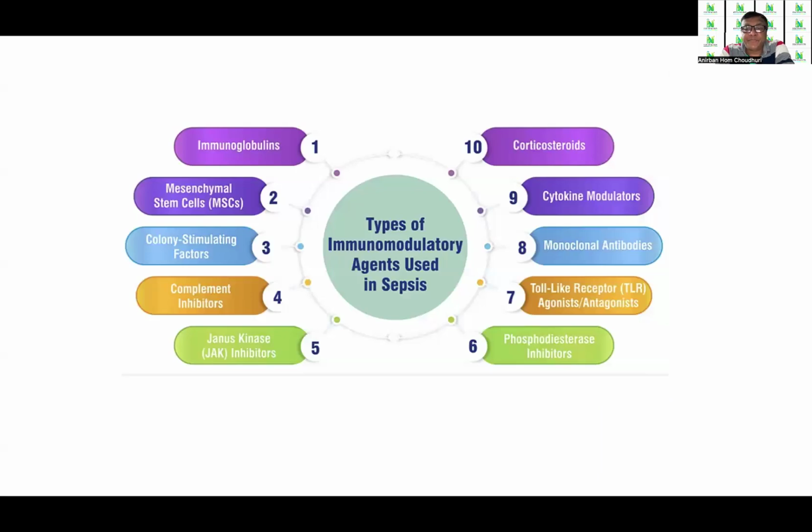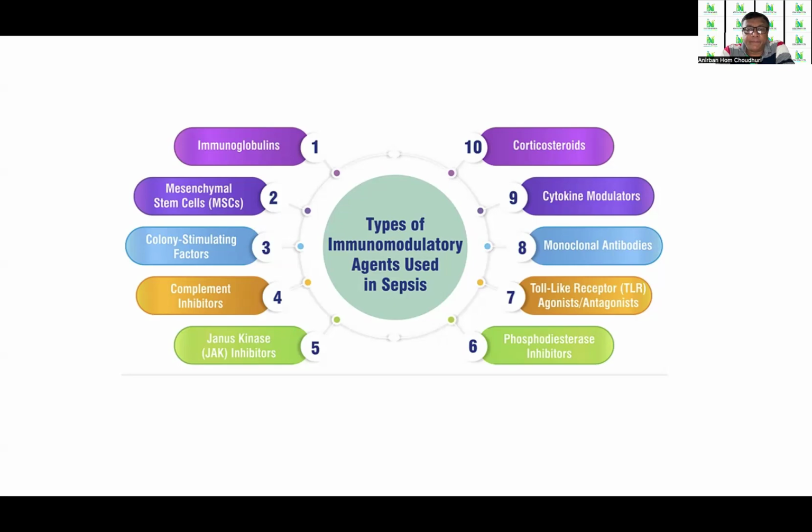Now, this can be categorized into these 10 types: immunoglobulins, the mesenchymal stem cells, though they're relatively new, the colony stimulating factors like GM-CSF and G-CSF, the complement inhibitors like the C1 esterase inhibitors, the Janus kinase inhibitors, which is again relatively new, the corticosteroids, cytokine modulators, monoclonal antibodies, toll-like receptor agonists and antagonists, although they are still in the experimental phase, and the phosphodiesterase inhibitors also.